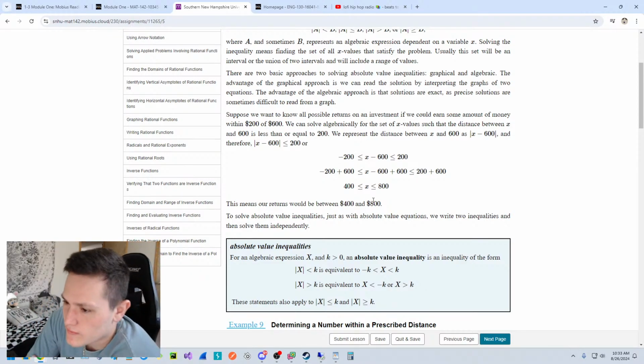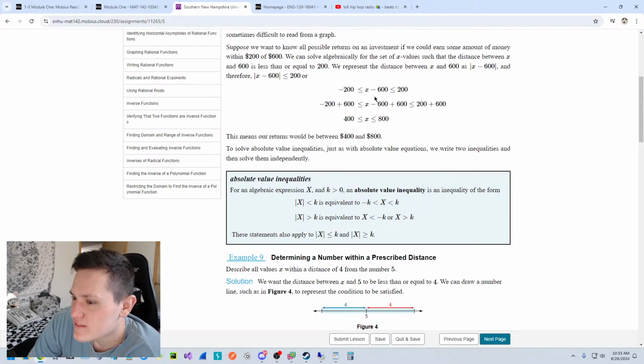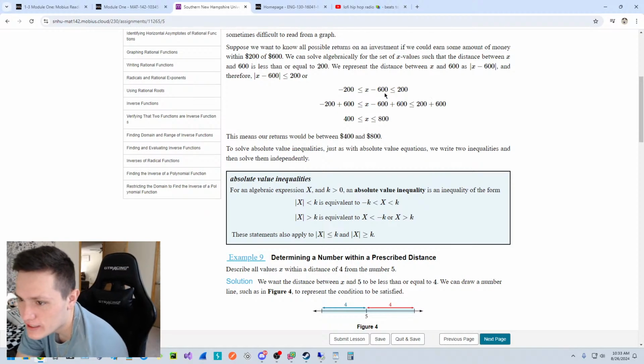It's not stupid, but I just don't like it. This is just weird, how they lay this out.